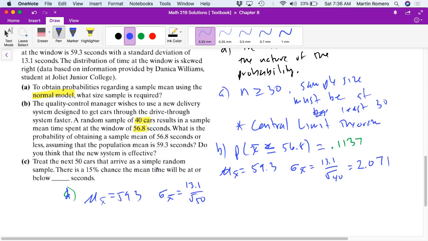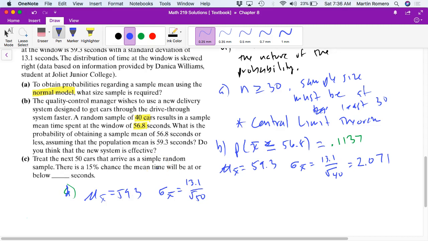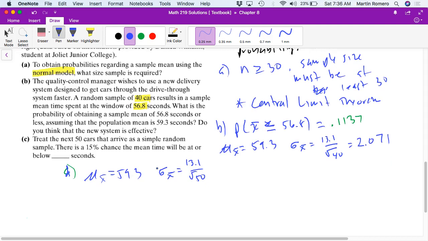So on that answer, we need to go ahead and do that calculation. 13.1 divided by the square root of 50, and that equals 1.852.